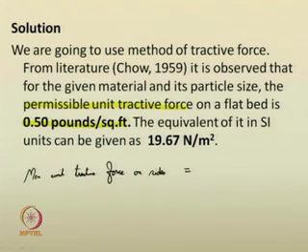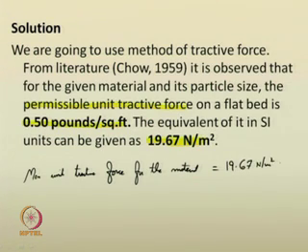The equivalent in SI units we can convert, and you get 19.67 Newton per meter square. So, this is the maximum unit tractive force for the material, equal to 19.67 Newton per meter square.